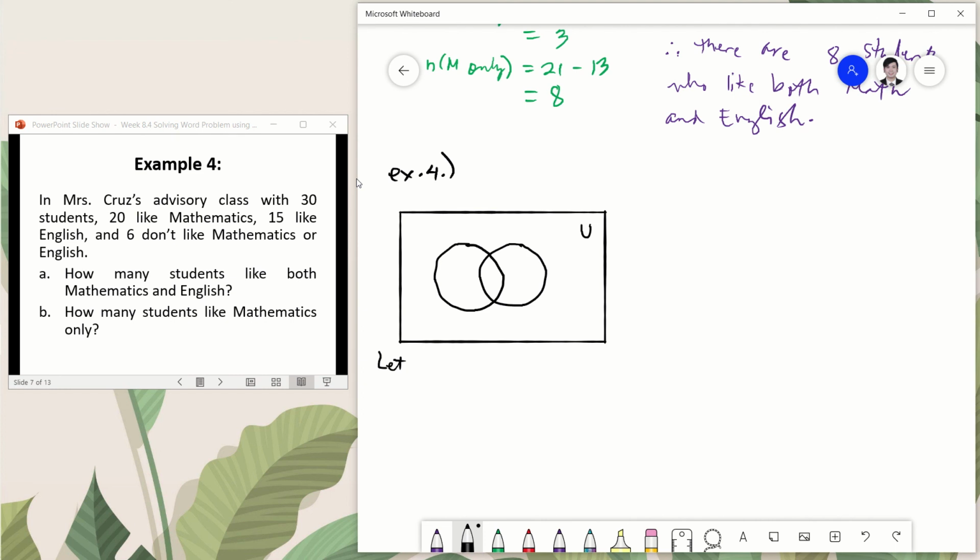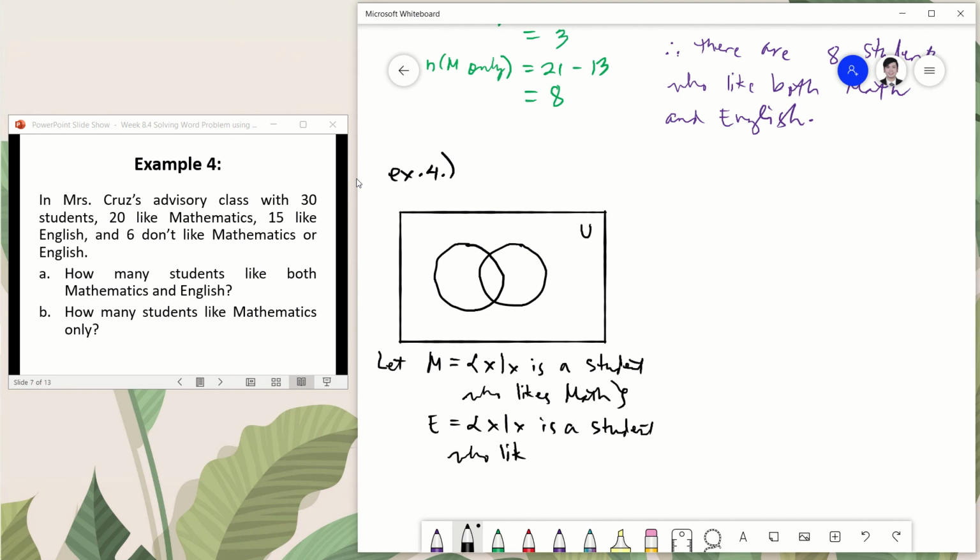To be specific, perhaps you can say let M contain the element X such that X is a student who likes math. And then E would be X is a student who likes English.